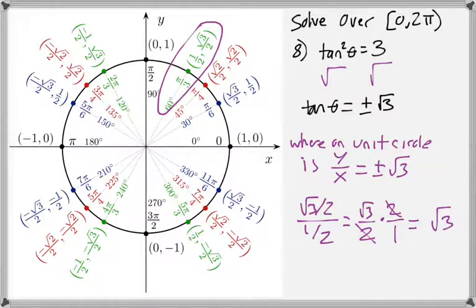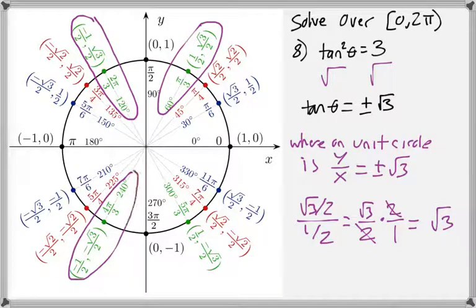So the same kind of thing is going to happen really anywhere we have the denominator of 3. So pi over 3, 2 pi over 3, 4 pi over 3, and 5 pi over 3.